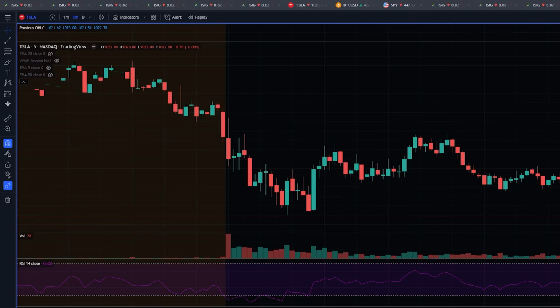Okay, this is an example of Tesla, in this case, and given all the information I explained so far, you can start to understand what the price action is and how the price itself is moving, and what may happen.